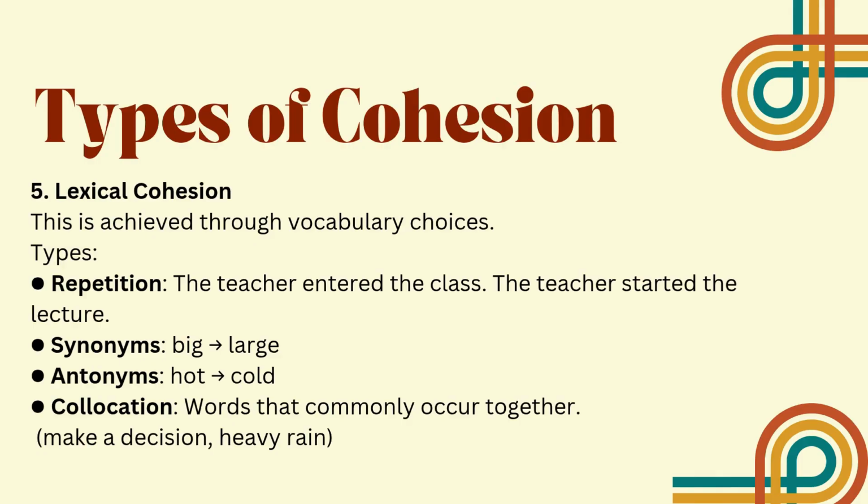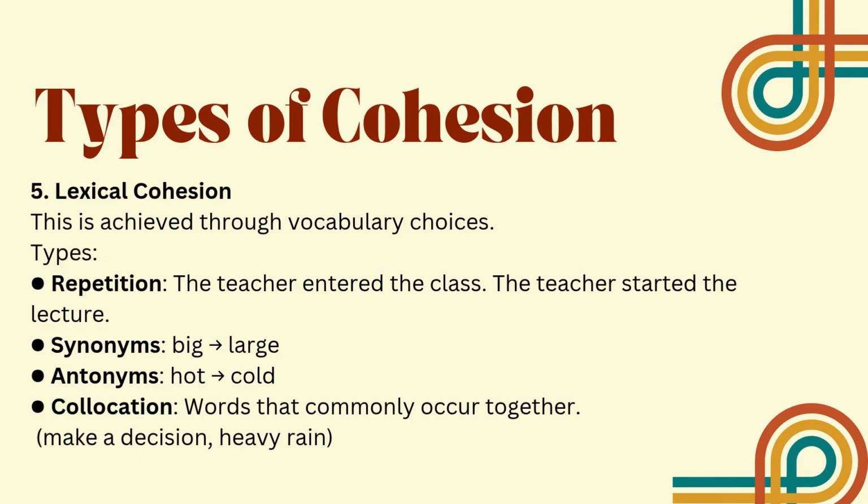Another type is synonyms. Synonyms are different words with similar meanings used to avoid repetition. Example: The building is very big. The building is very large. Big and large have the same meaning. Another type is antonyms. Antonyms are words with opposite meanings used to show contrast.